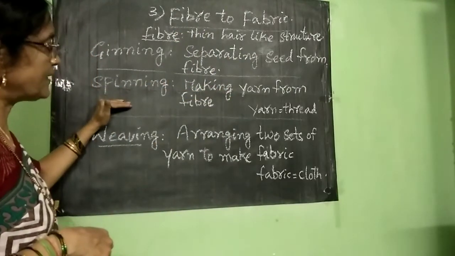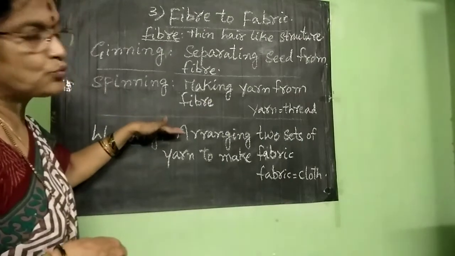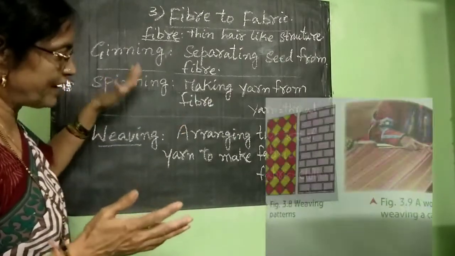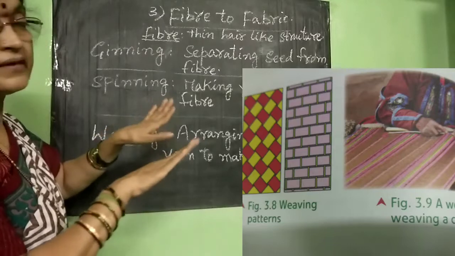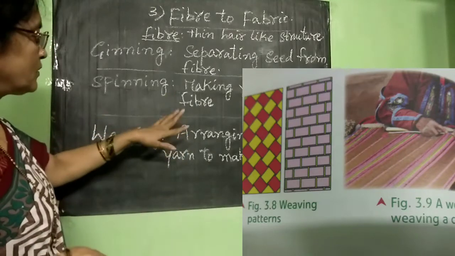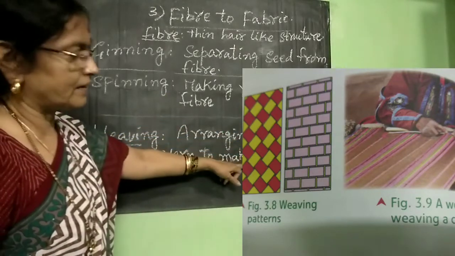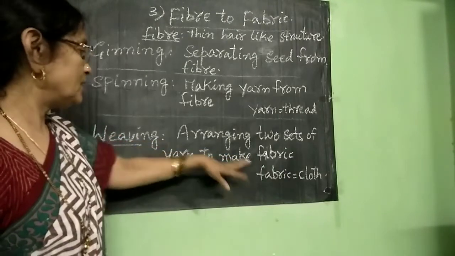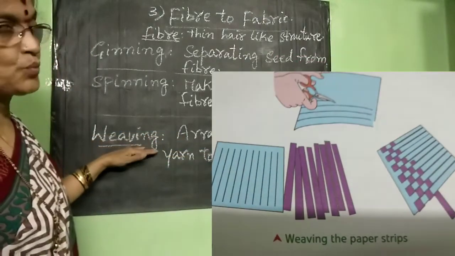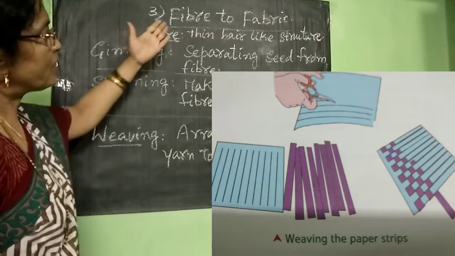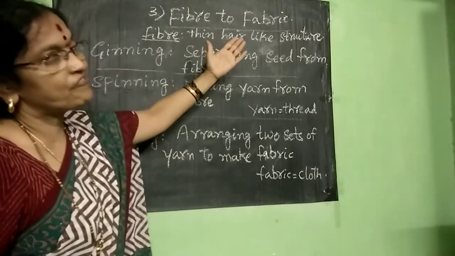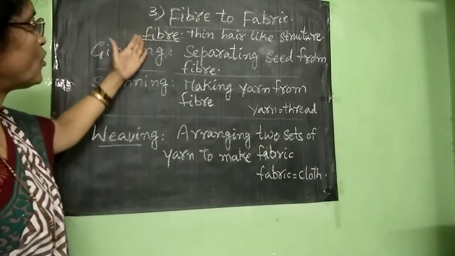Next, after spinning, arranging two to three sets of yarns together, they will make a cloth. Cloth is nothing but fabric. This process is known as weaving. So, to go from fiber to fabric, you have to undergo all these methods.